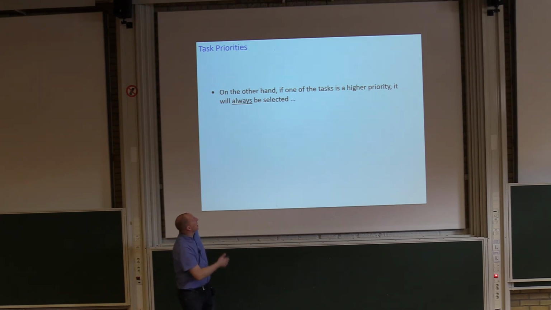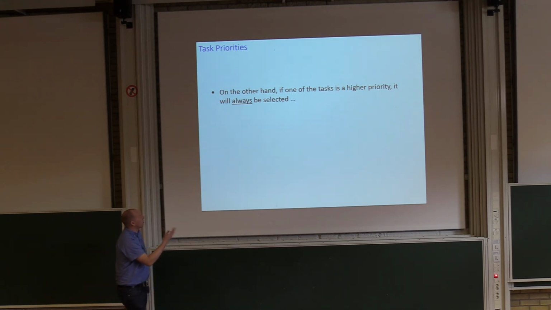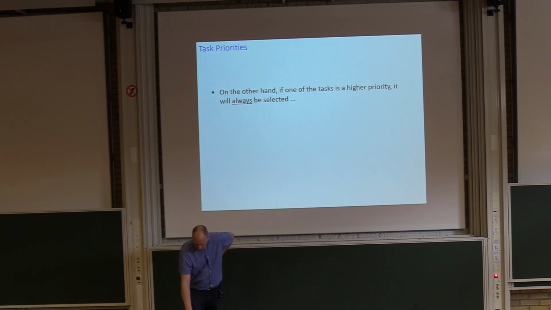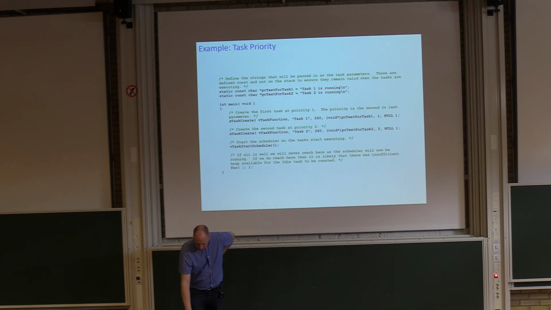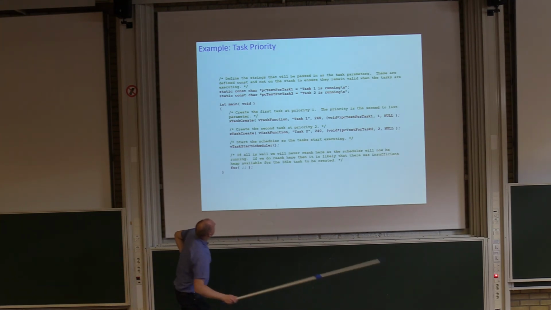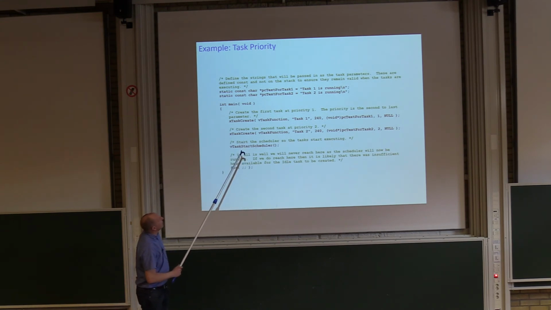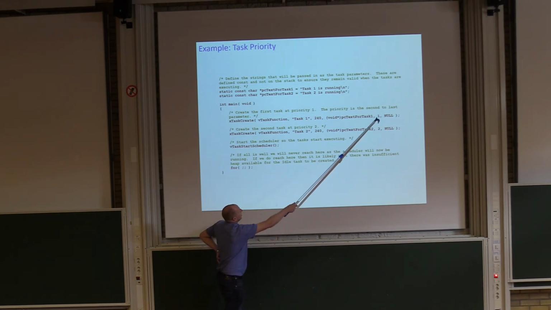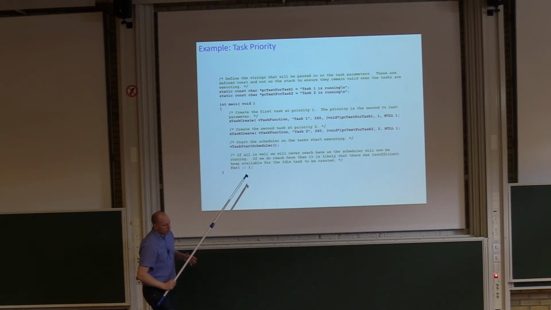As you said, if there is a task at a higher priority, it will always be selected. And we already discussed this, but if you would like to create two tasks of different priority, you just change the numbers here and you start.